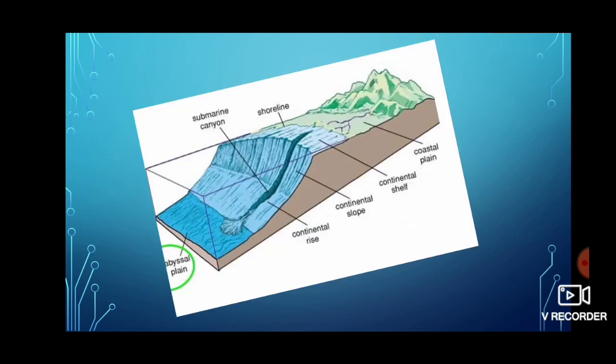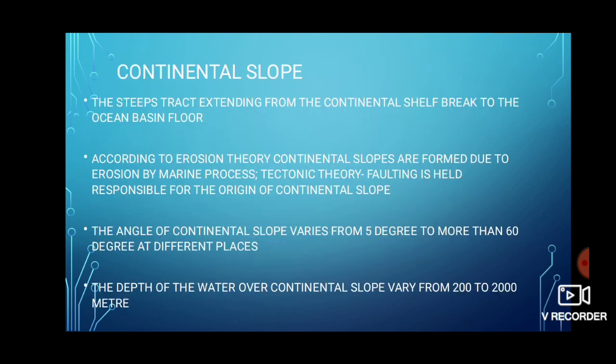So in this diagram you can see that in the beginning there is a continental shelf, or the part of the continent that is submerged in the ocean water, and thereafter immediately there is a sudden increase in the slope of the region to a greater depth, and that sloping area we call continental slope.